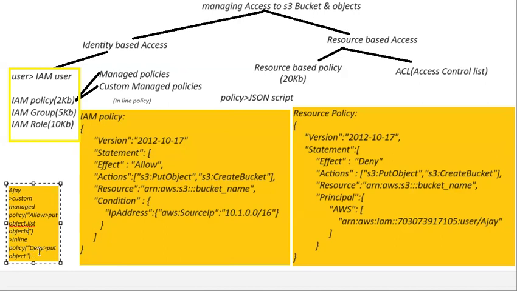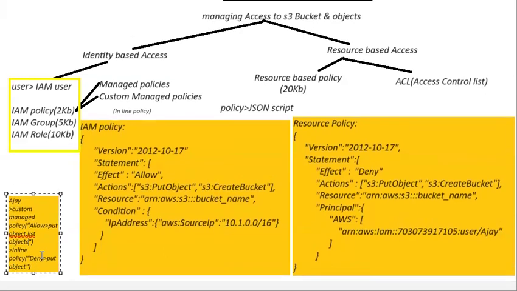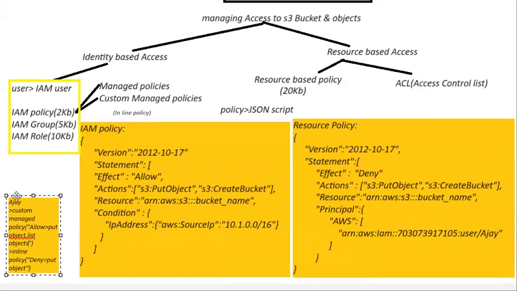So if a user has multiple policies, access to your bucket and objects will be managed based on priority and order. First deny will be taken with high priority and then allow will be taken. Even if both deny and allow are provided, deny is the only thing that is considered.